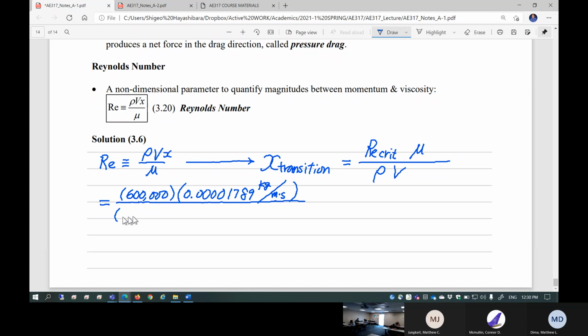Standard sea level air density, I know that, is 1.225 kilograms per cubic meter. Velocity happens to be 90 meters per second in the wind tunnel. What is the transition point? Please compute. People online, give me a value.